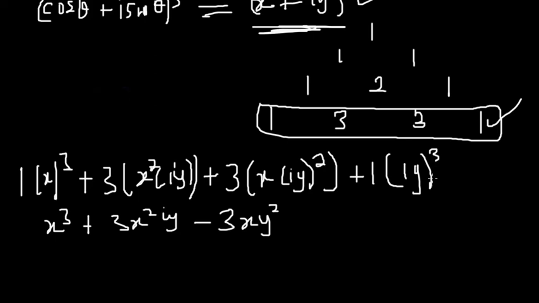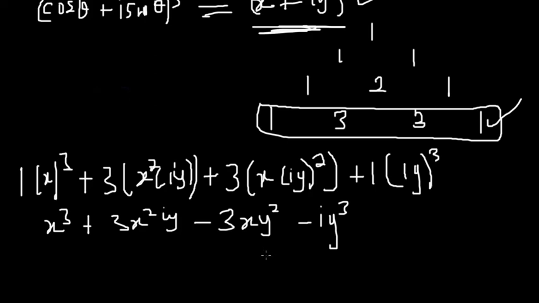And then from here we also have i cubed y cubed, so we have minus i y cubed. Once you understand this, you can just proceed.